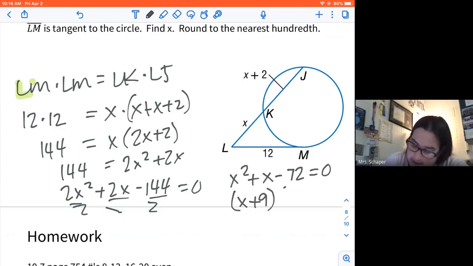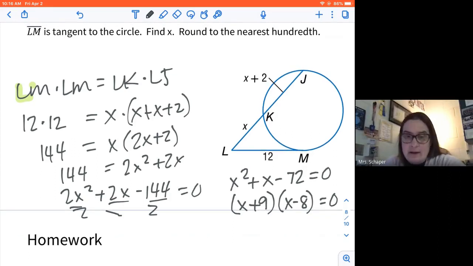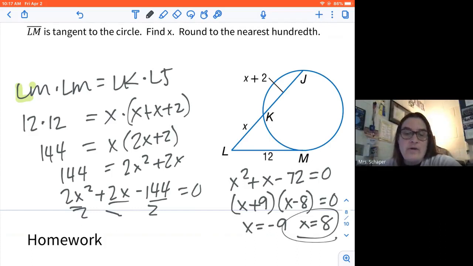So X plus 9 and X minus 8. Now I use the zero product property to solve. So X equals negative 9, X equals 8. When I'm talking length, only the positive one can work. If both were positive, then they could both work. So X equals 8.